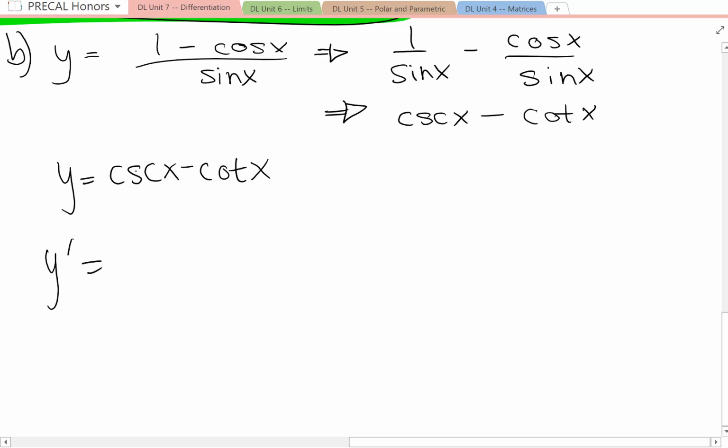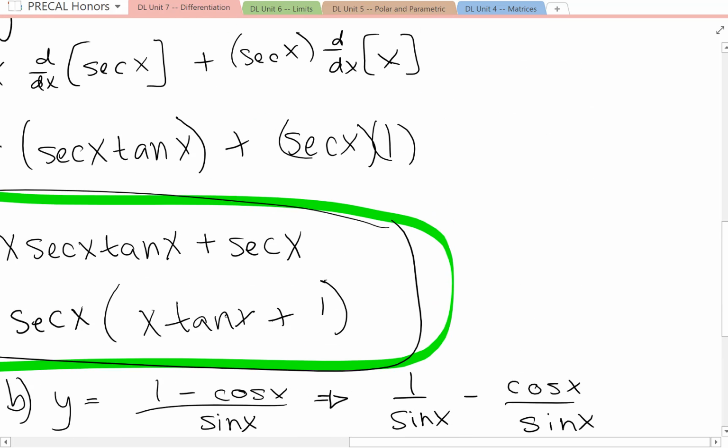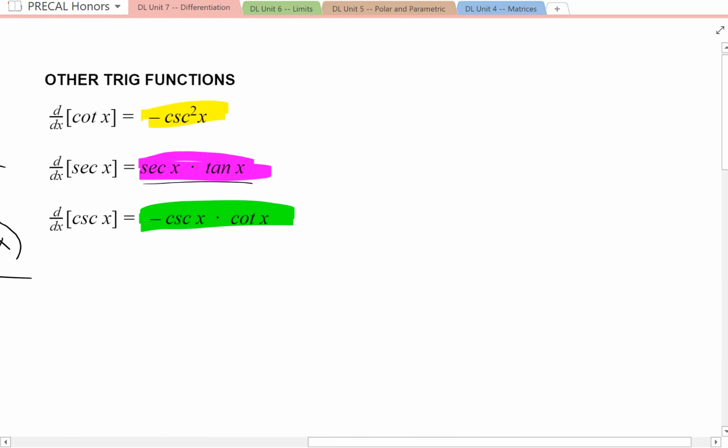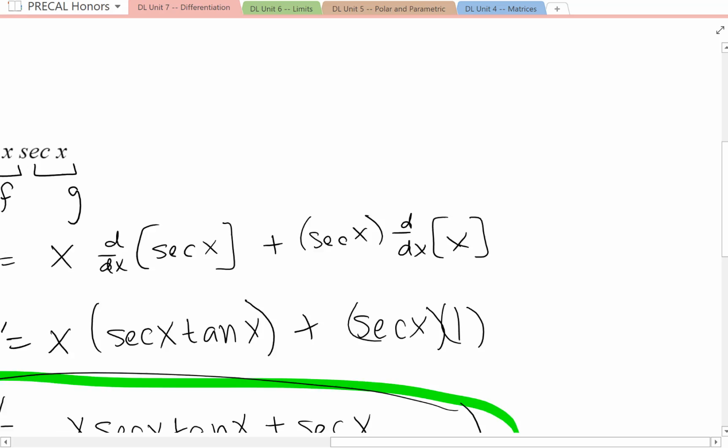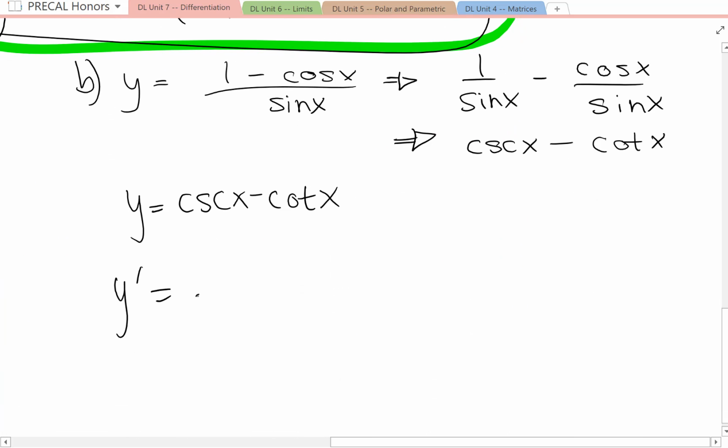So let's try it. y prime. What is the derivative of cosecant x? That is negative cosecant x cotangent x, minus the derivative of cotangent x, which is negative cosecant squared x.